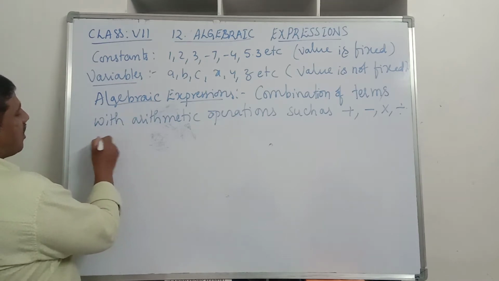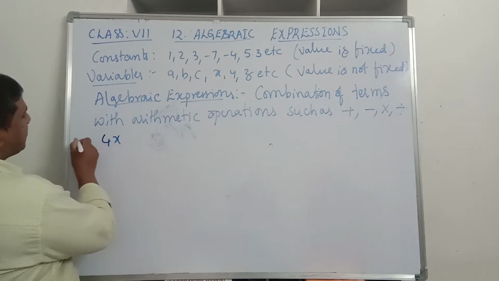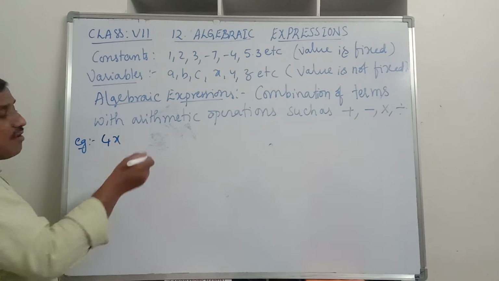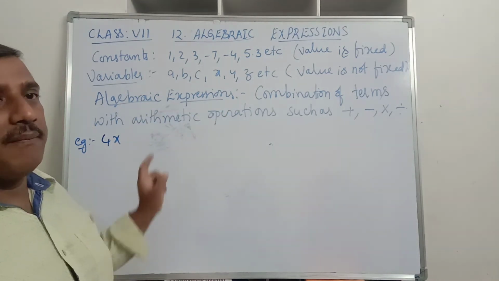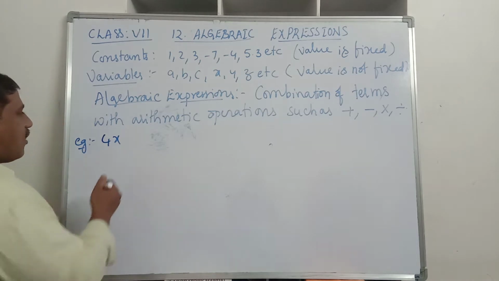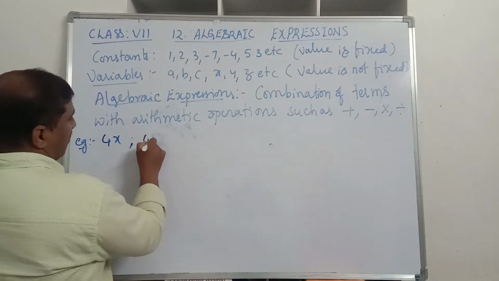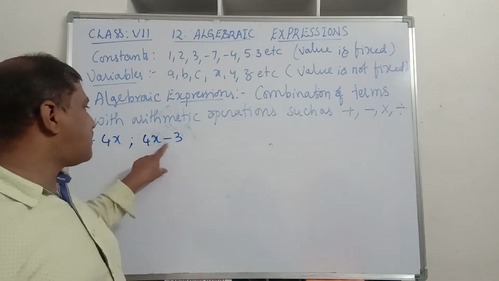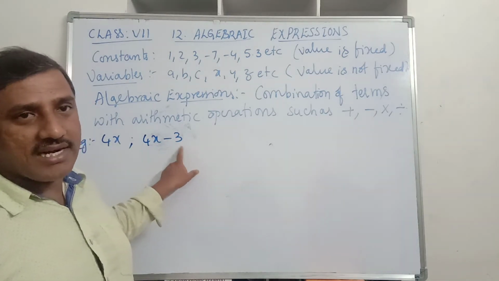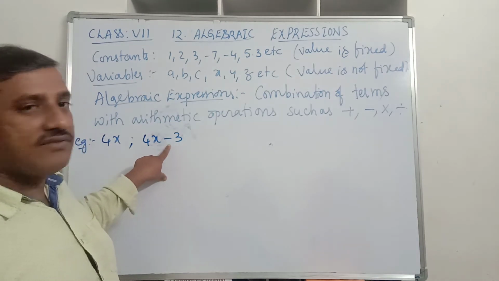For example, 4x means 4 into x. 4 is multiplied by x, so we have multiplication as an arithmetic operation. Then 4x minus 3: from the product of 4 and x, 3 is subtracted, so we have multiplication as well as subtraction.